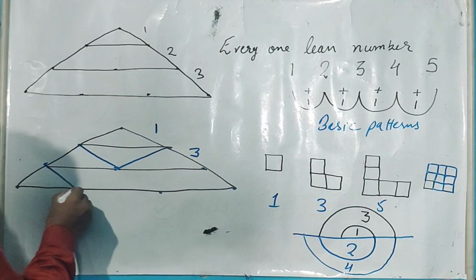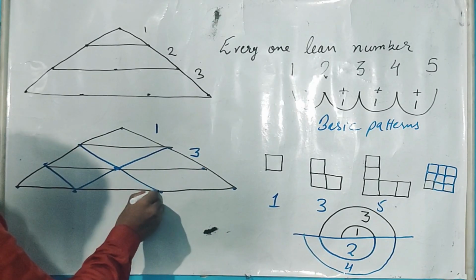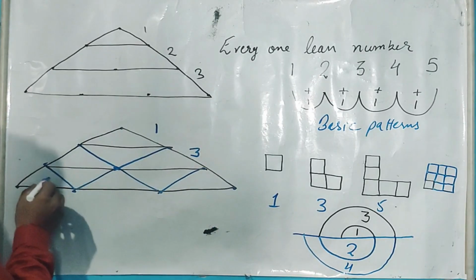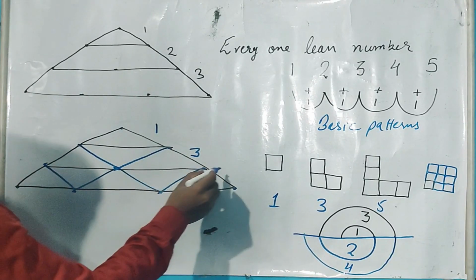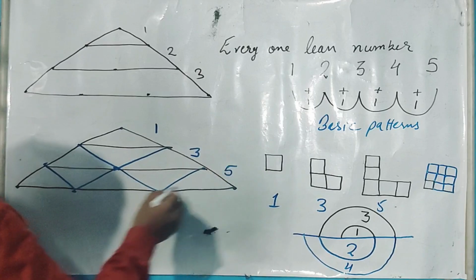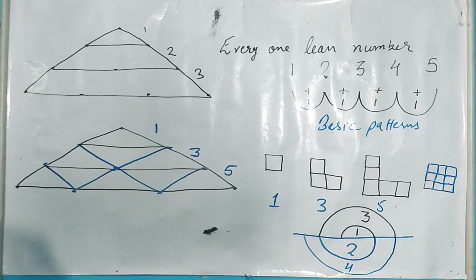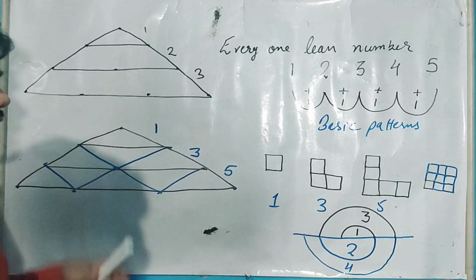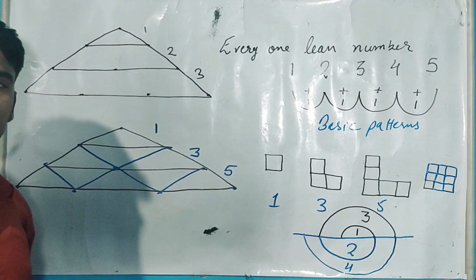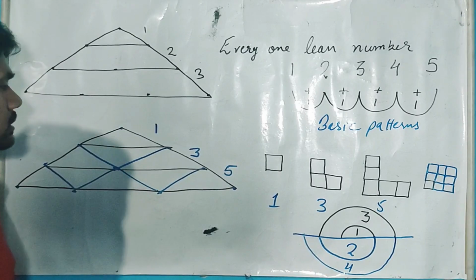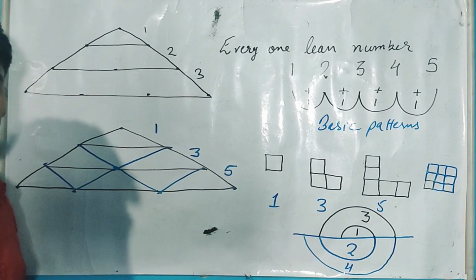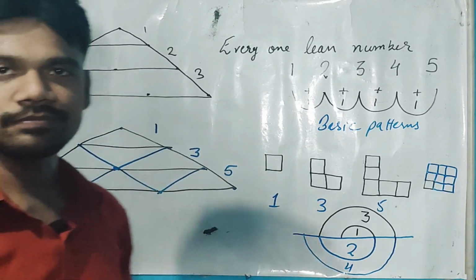If we join this, you see 1, 2, 3, 4, 5. So this is another way you can visualize different patterns with different diagrams. I think you should now easily understand these patterns and diagrams in arithmetic progression.